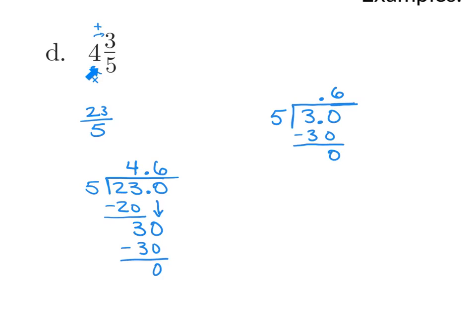Now, if we want 4 3/5, then this is going to equal 4.6. So you can do it either way. As I said, if you convert to an improper fraction, it's just a little redundant. You're just going to have to add in at least an extra step in order to convert it into a decimal.